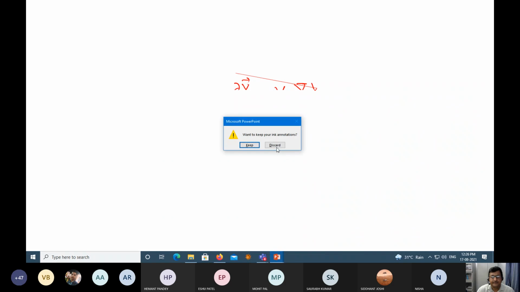So what I'm trying to write is rho into dv by dt equal to rho into del v by del t plus v dot gradient of v, right?